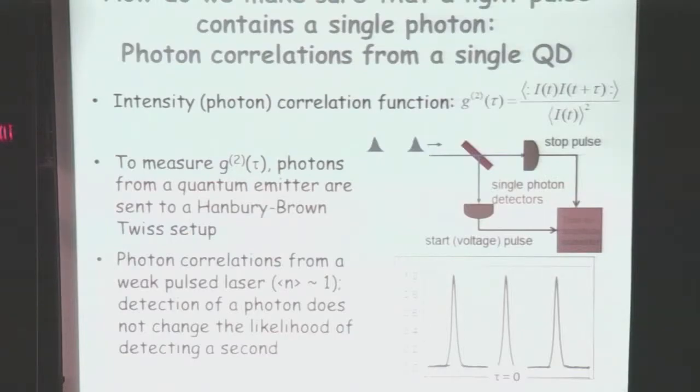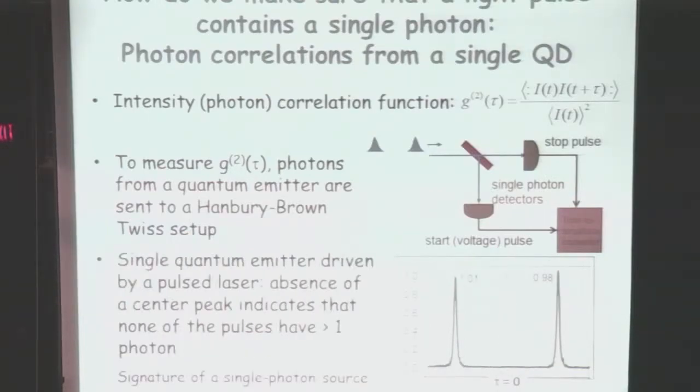But if you send in a single photon source, and this is now experimental data from the Paris group, you can make sure that the two photon events are completely eliminated. Still, most of the time in this case the pulses are empty, you don't detect anything, but basically, to a high degree of accuracy, you never detect two photon emission events.